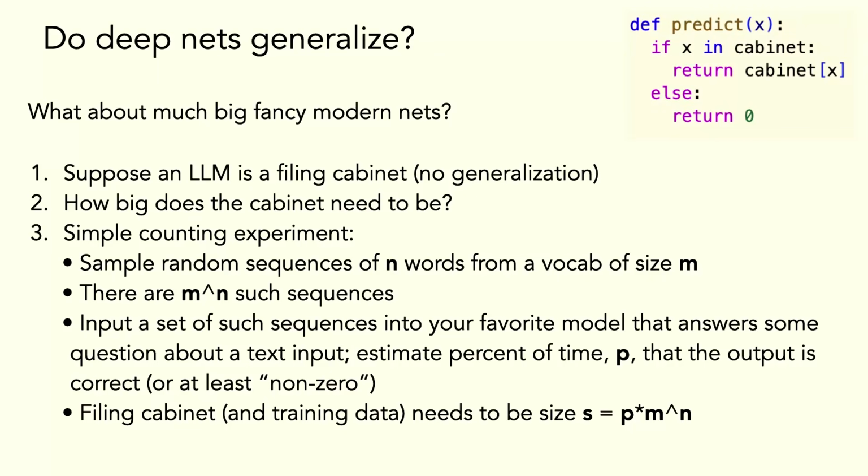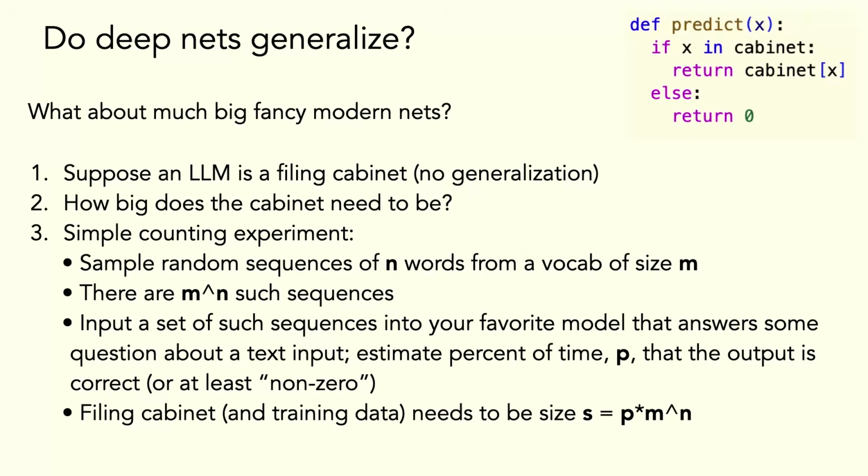It would have to be taking that many unique sequences and achieving this proportion of correct predictions. It would have to have that many cabinets. And if that number is really, really big, bigger than we think language models are, or bigger than the amount of data they've been trained on, then we know that language models are not doing pure memorization.